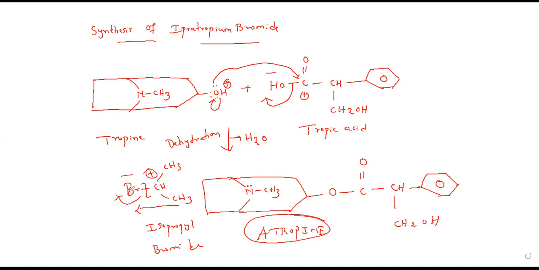And here also you remember one thing. Just like OH minus, halogens like bromine, chlorine, fluorine, iodine are also good leaving groups. They can break the bond very easily due to the electronegativity differences, and therefore bromine can leave with a negative charge. So when bromine leaves the reaction, what happens to this carbon here?